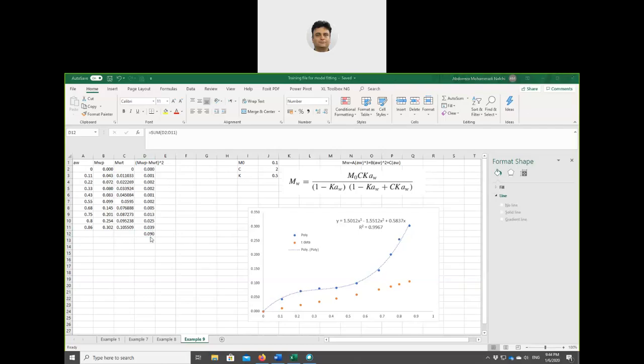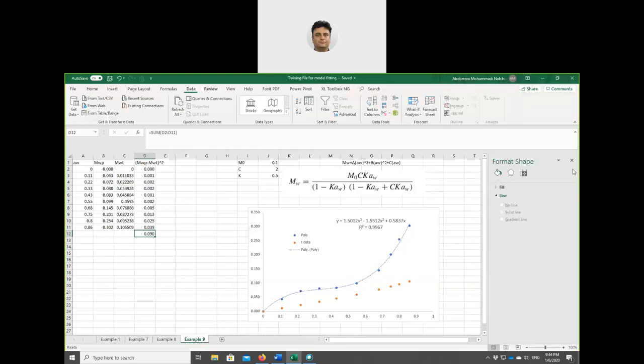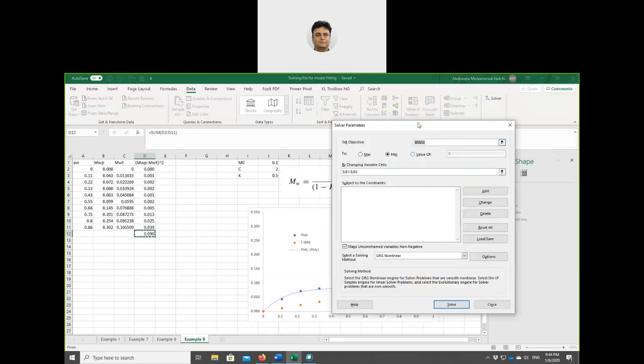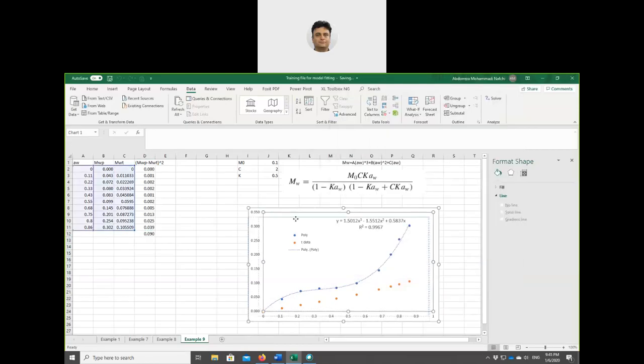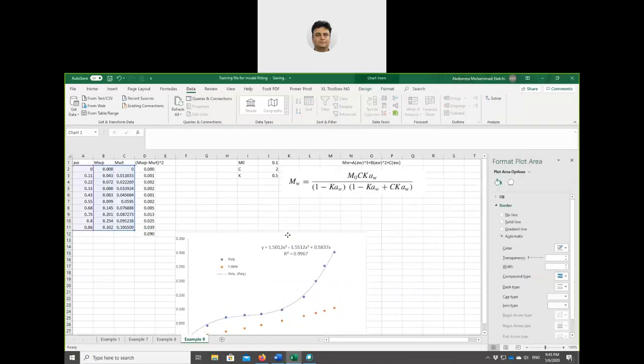Okay, so here I want to minimize this cell by changing M0, C and K. Again, going to the data, find the solver. Okay, and in the solver, I want to show what will happen when it's solved.